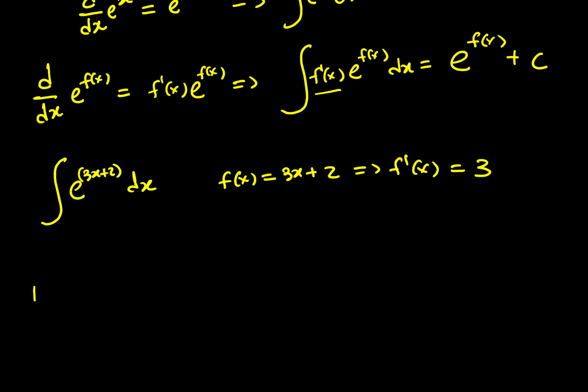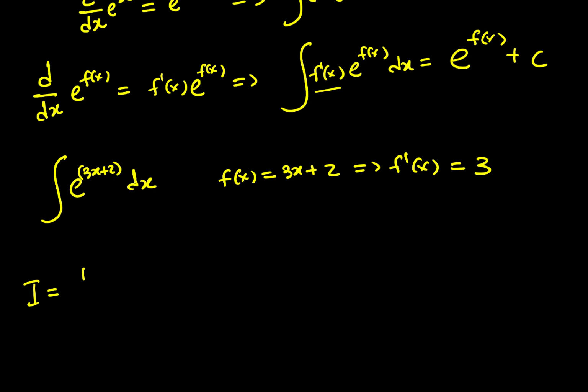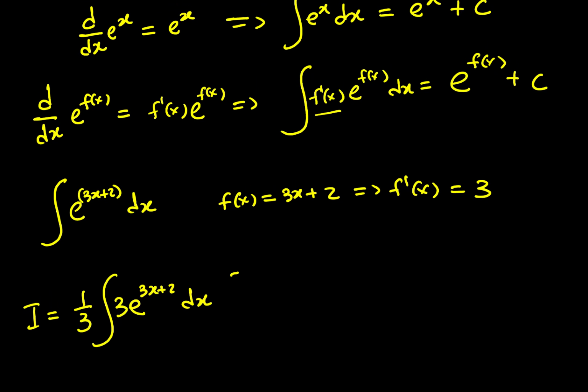Therefore, the integral will become 1 over 3, the integral of 3e raised to 3x plus 2 dx. You see that I've divided by 3 and multiplied by 3, which means that this essentially is being multiplied by 1. And anything multiplied by 1 is itself.